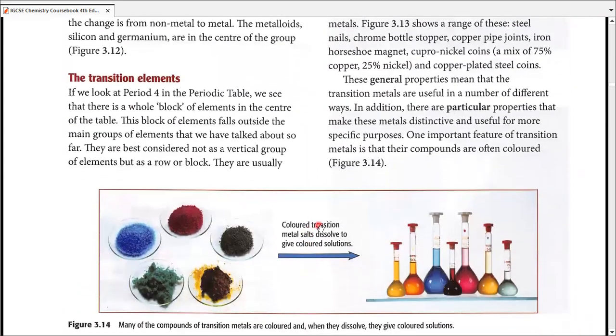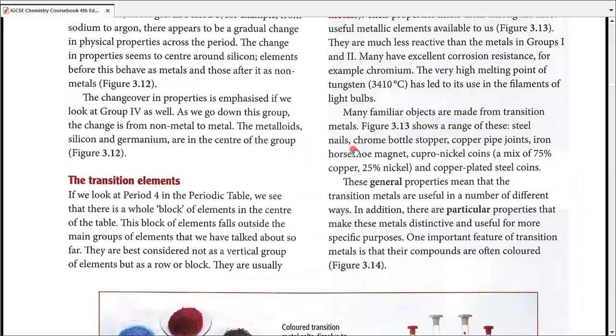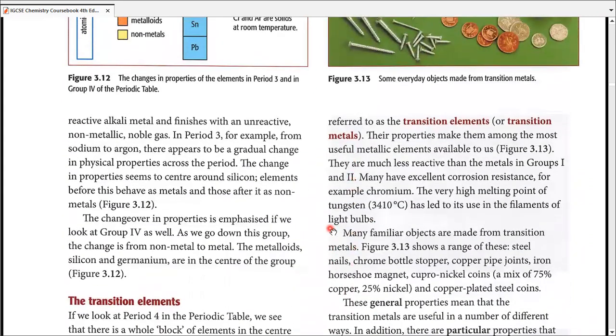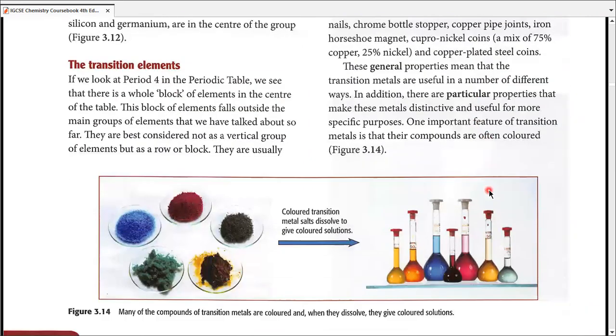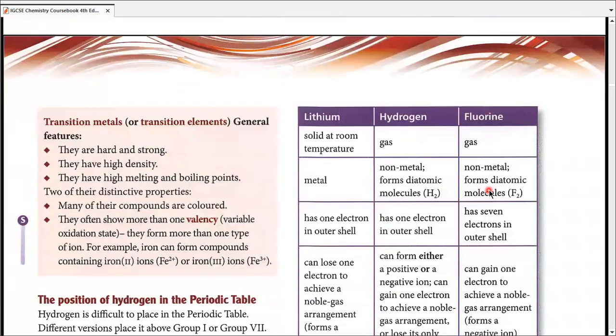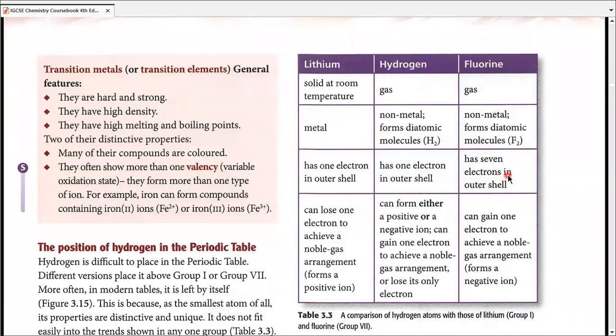Moving on, transition elements. Transition elements are actually the center part of the periodic table. We may call them transition elements, we may call them transition metals. Instead of going with them from here, I'll jump to page number 65, and go with this big portion, which discusses the general features or properties of all transition metals.